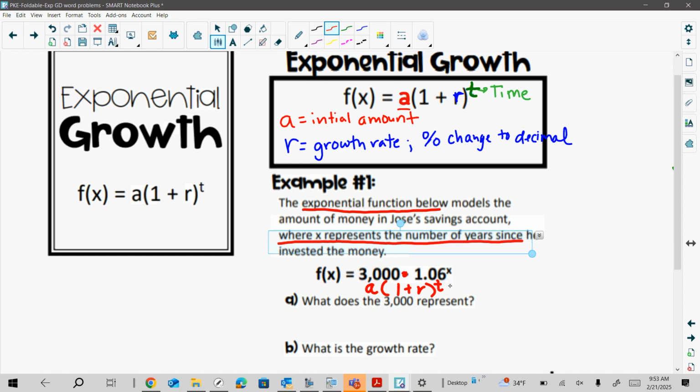So 3,000 is the a, the initial amount. And notice here the 1.06. Remember, if it's greater than 1, it's a growth. If it's less than 1, it's decay.